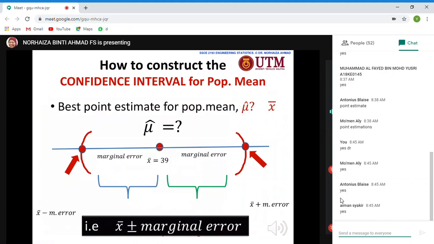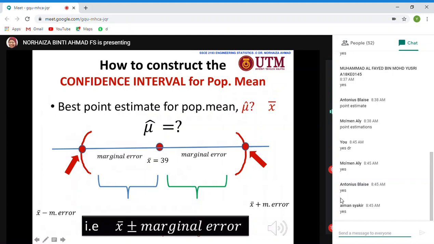Okay, so how to construct confidence interval for population mean? So you already know that the best point estimate for the population mean is X bar. Okay, so we mentioned just now that since X bar is the best point, therefore your confidence interval, other possible values must be around X bar.